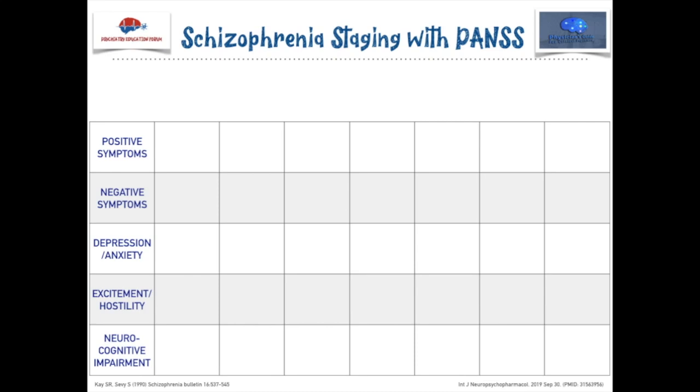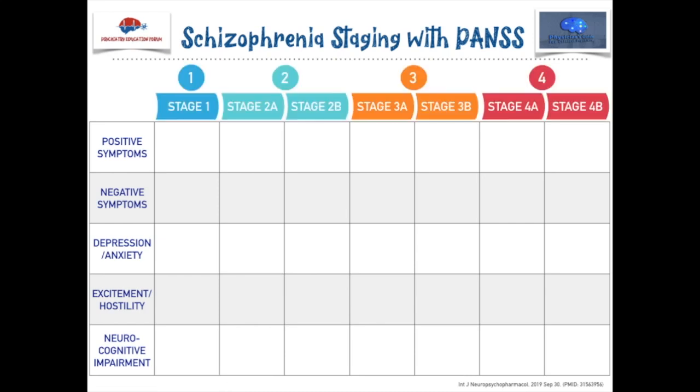And this article actually came up with different stages of schizophrenia, right from the onset of symptoms moving forward. And they came up with these 4 stages, stage 1, 2, 3, and 4.